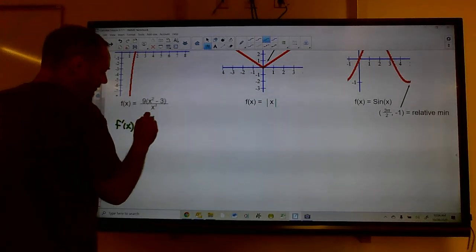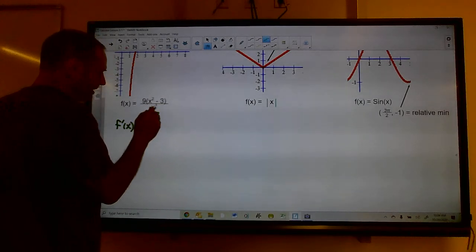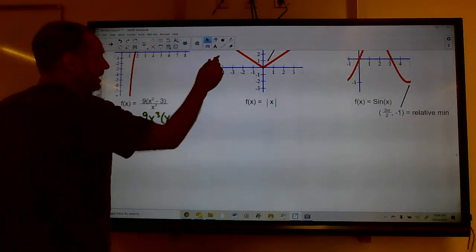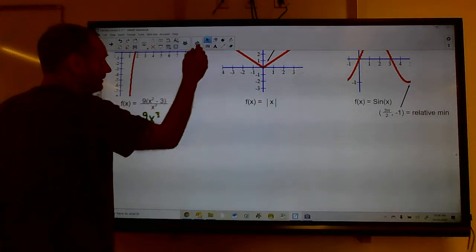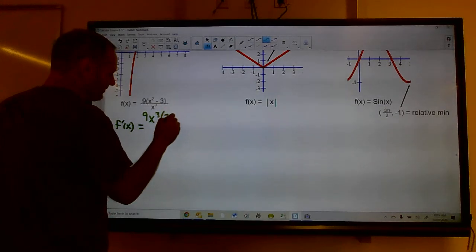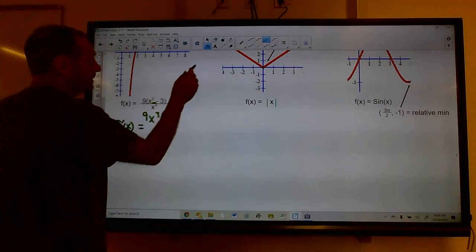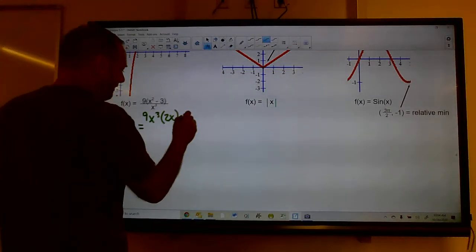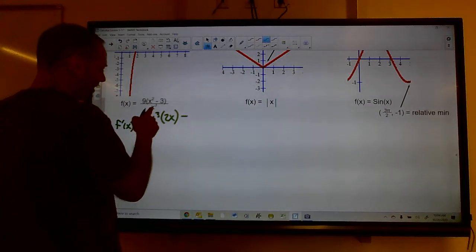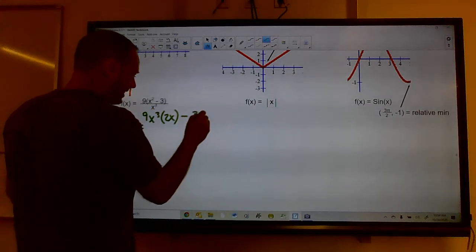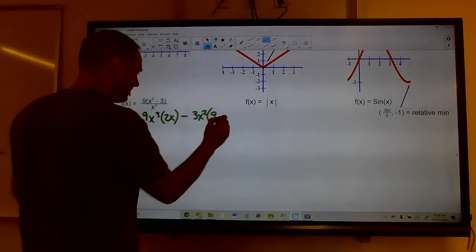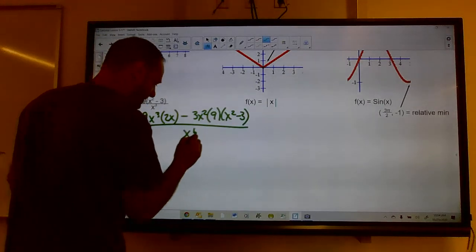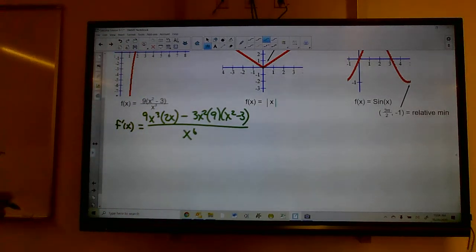So that's going to be x cubed times 9, and then that's going to be 2x, because the derivative of this is going to be 2x right there, minus 3x squared times (9 times x squared minus 3), all over x to the 6th. That's just the quotient rule.